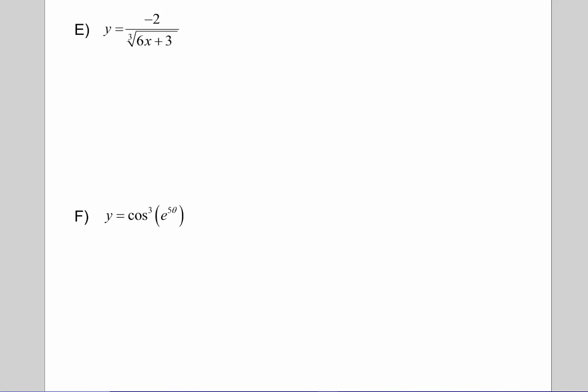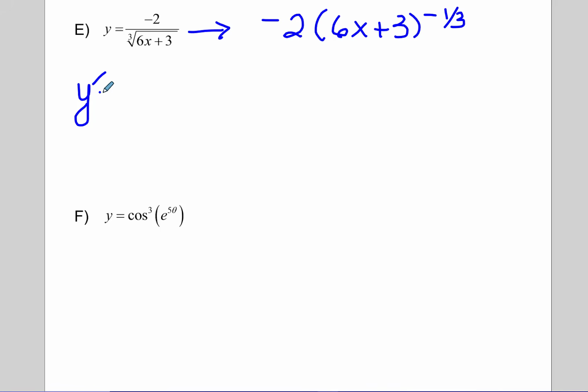And then 2 more to go here, just for the practice. Again, I'm rewriting -2 times 6x plus 3 to the -1/3 power, taking the derivative of the outside. -2 times -1/3 is positive 2/3. Hold the inside function steady.